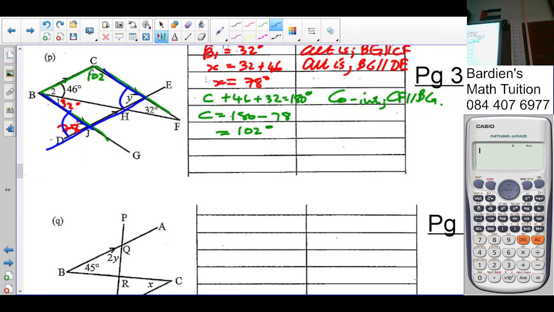Okay, so y is equal to 78 degrees. Why? Corresponding angles with CF being parallel to.